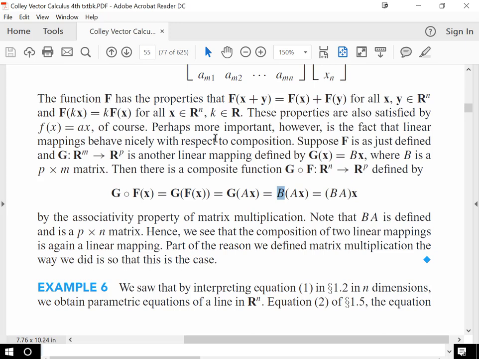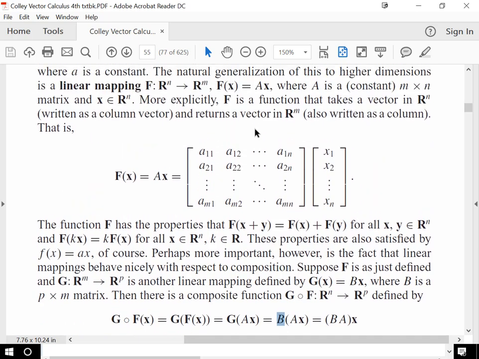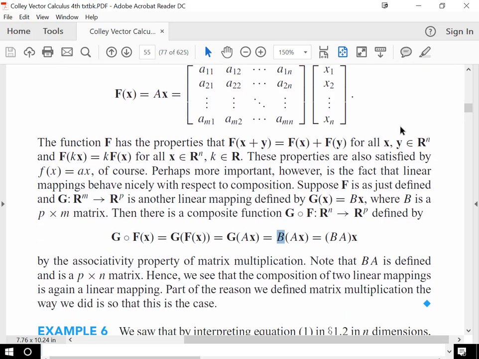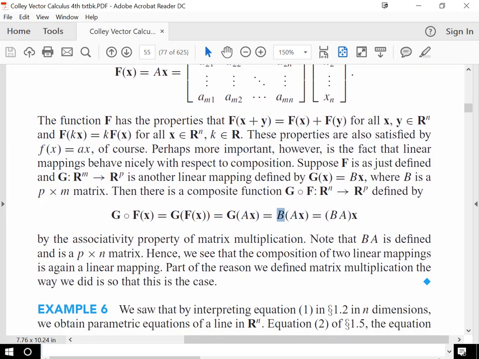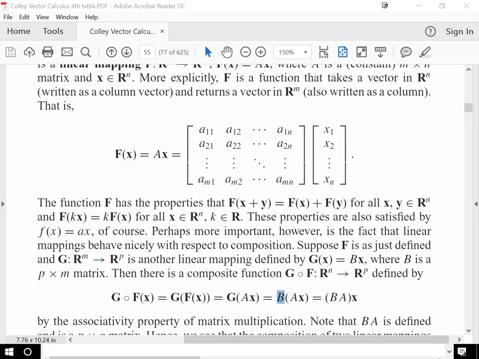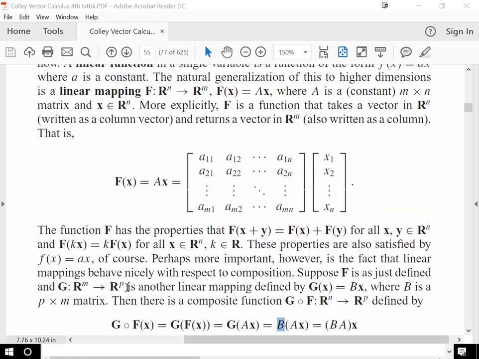And these dimensions should work. For example, A was, we already said, m by n. And what is B? B is going to be p by m. And so the inner dimensions work, so the multiplication of B times A will work.